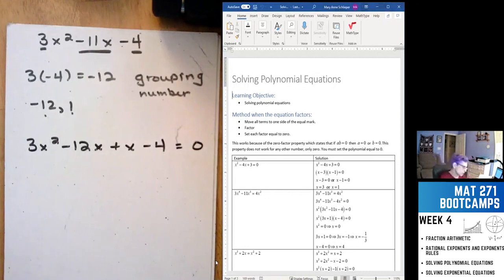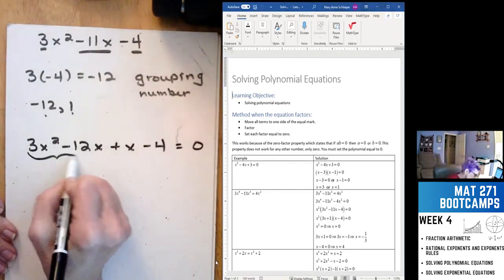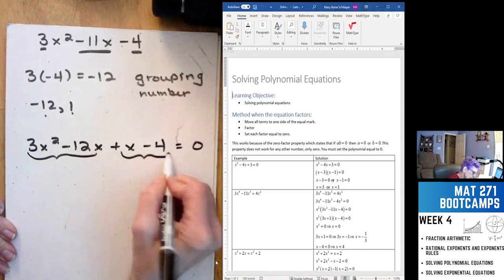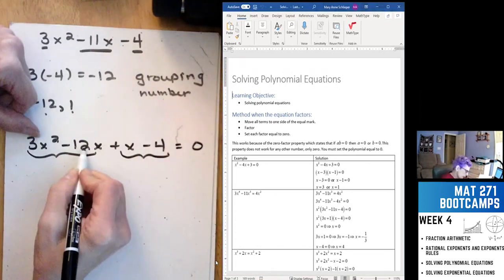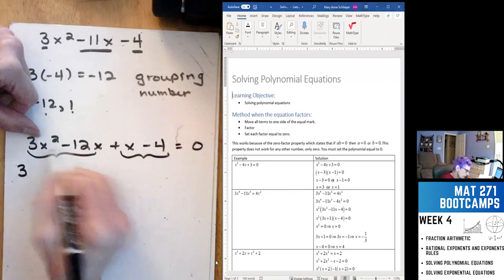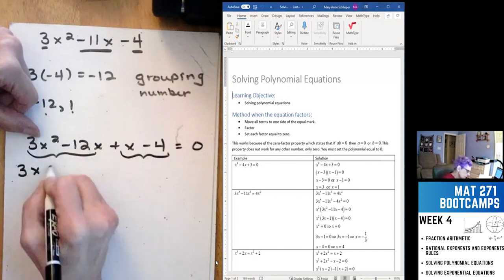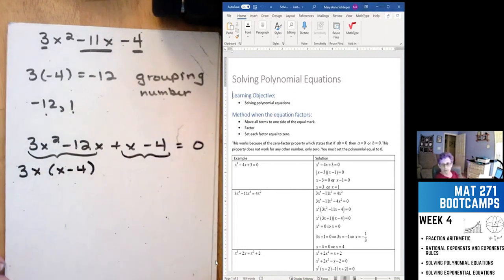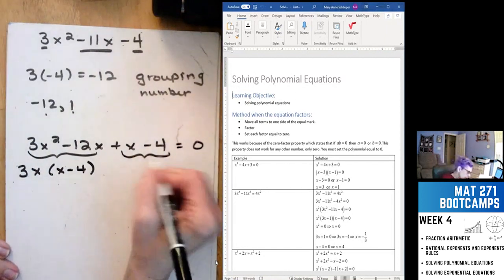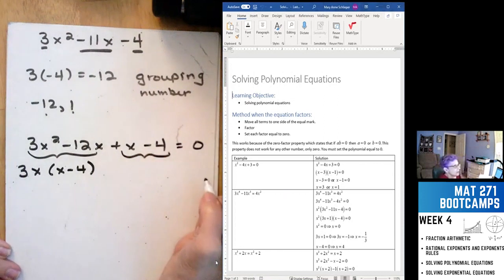Then I look at each little partnership here, and I look for common factors. Well, I can pull a 3 out here, and I can pull an x out, and I'm left with x minus 4. I look at this little partnership, and they have absolutely nothing in common.